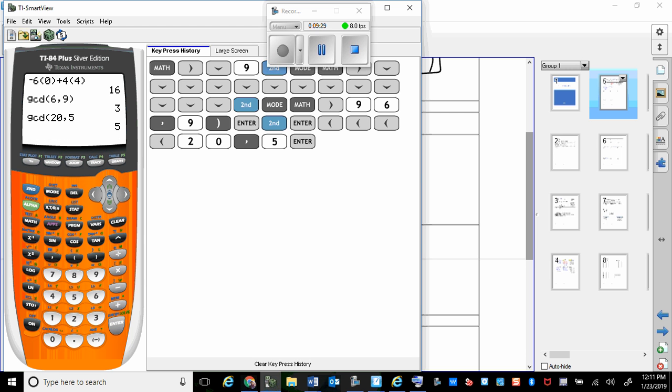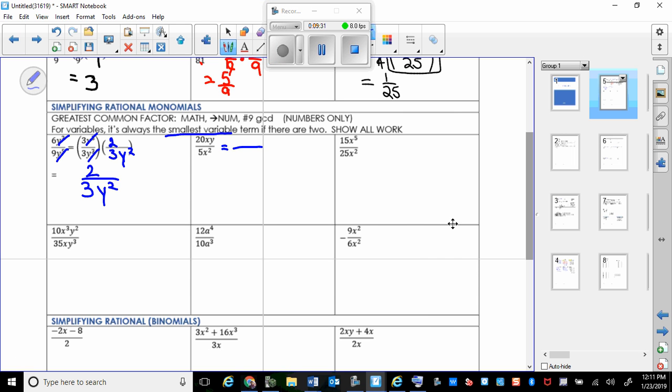Greatest common factor is 5, so I'm dividing out a 5 from the top and a 5 from the bottom. Now your variables, smallest variable, if there are 2, so there's x and x squared, the smaller of the 2 would be x, so I divide out an x on the top and an x on the bottom. Now inside of here, we're going to find what's left by dividing these two things out from the top and the bottom.